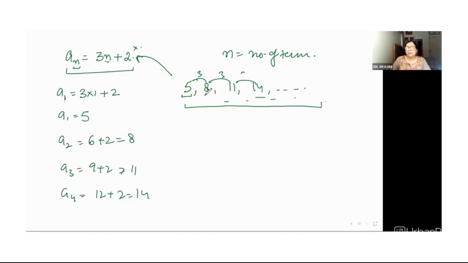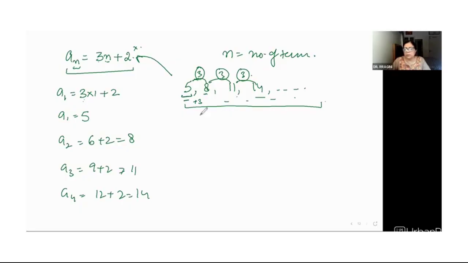So that means the numbers of this sequence are obtained by adding a particular number to the previous number, right? So if we add this plus 3 to this number, we are getting the second term. We add 3 to the second term to get the third term.